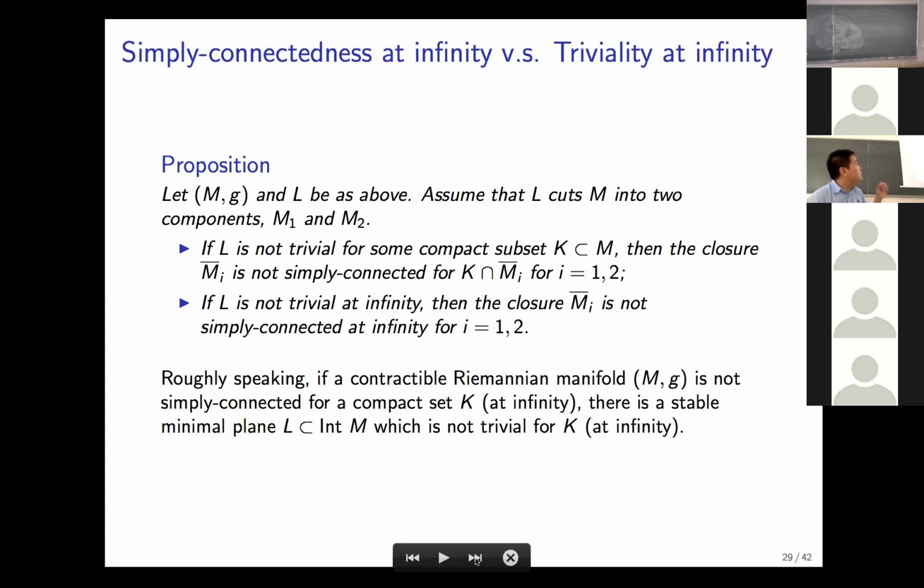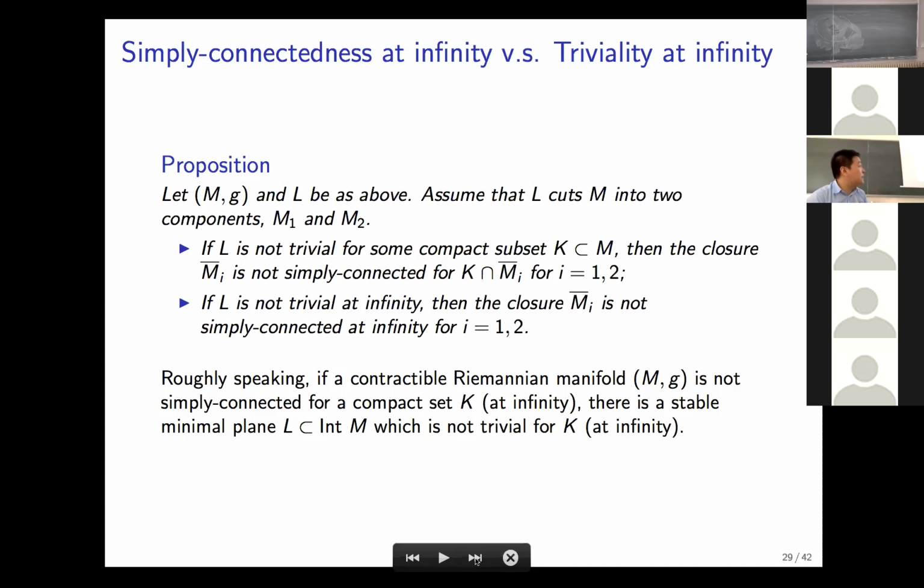If L is not trivial for some compact set K, then the closure of Mi is not simply connected for K intersect the closure of Mi, for i equal to 1 or 2. If L is not trivial at infinity, then the closure of Mi is not simply connected at infinity for i equal to 1 and/or 2.